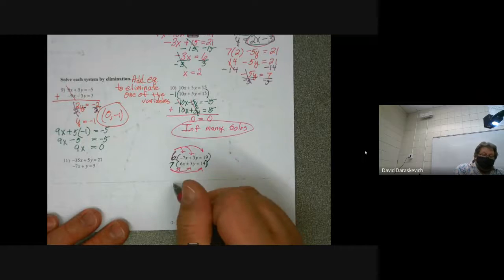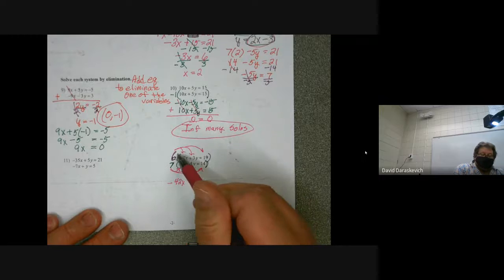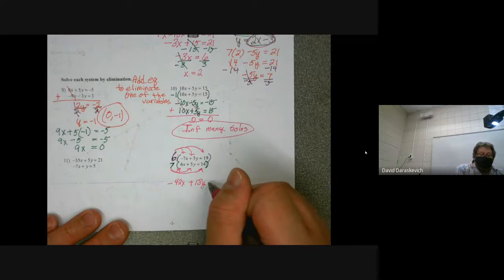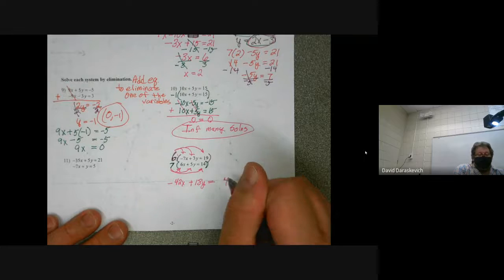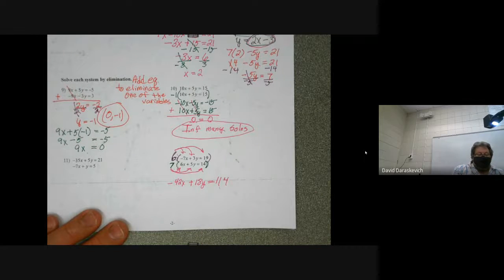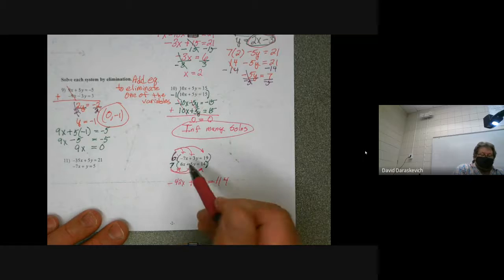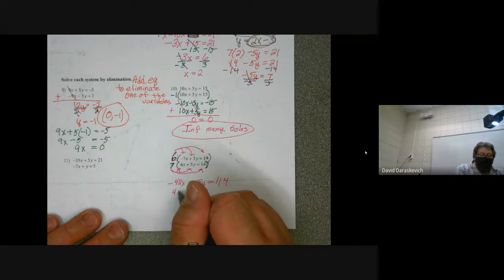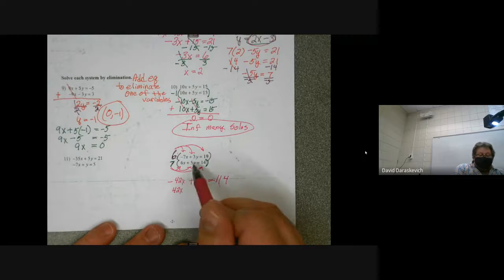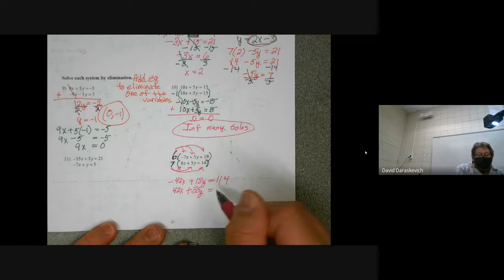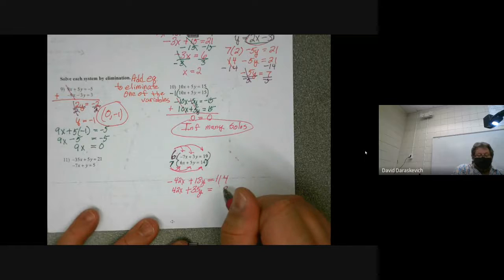So the top one, I get negative 42x, 6 times positive 3y is 18y. 6 times 19 is what? 114. 7 times 6x, positive 42x. Do you see how those are going to eliminate? 7 times 5y, positive 35y. And then 7 times 14 is 98.